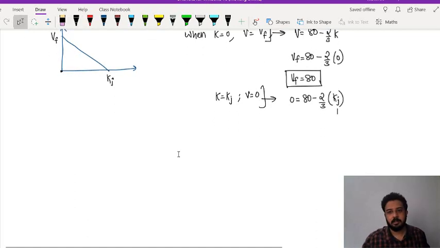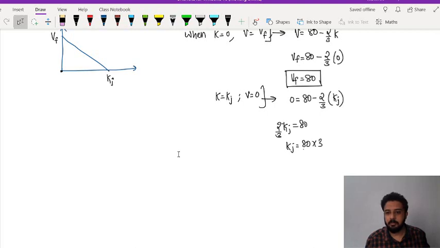So this minus value will go to that side. So 2 by 3 Kj is equal to 80. What will be Kj then? 80 into 3 divided by 2. So 40 into 3, 120. That's it.